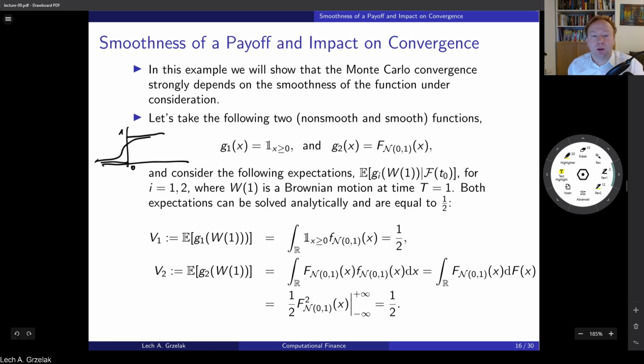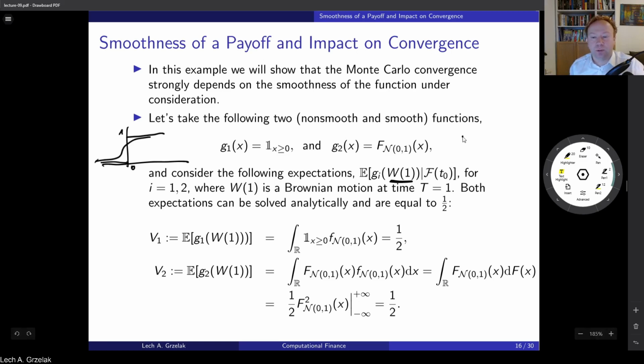So they are two very similar functions. They both have limits of 0 for x going to minus infinity and 1 for x going to plus infinity. Now we will investigate the expectation of each of those functions, the expectation of gi of the Brownian motion at time t equal to 1.